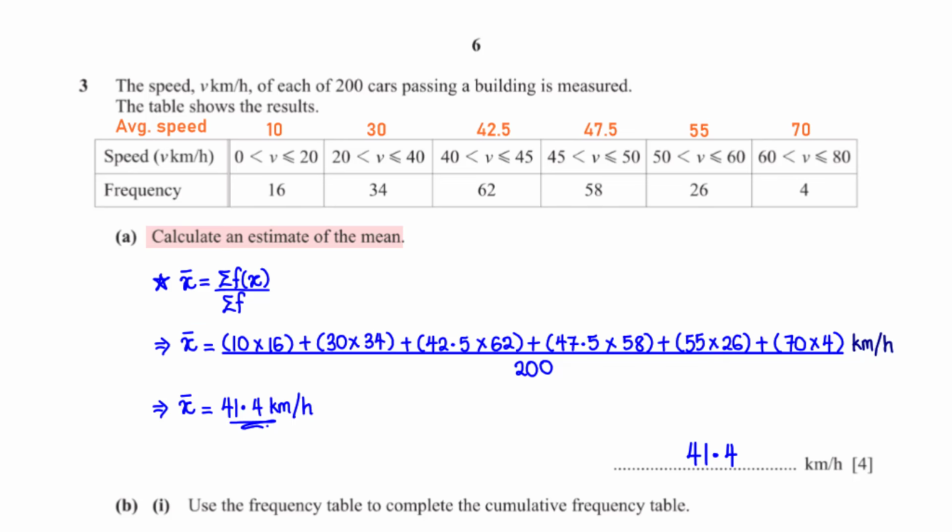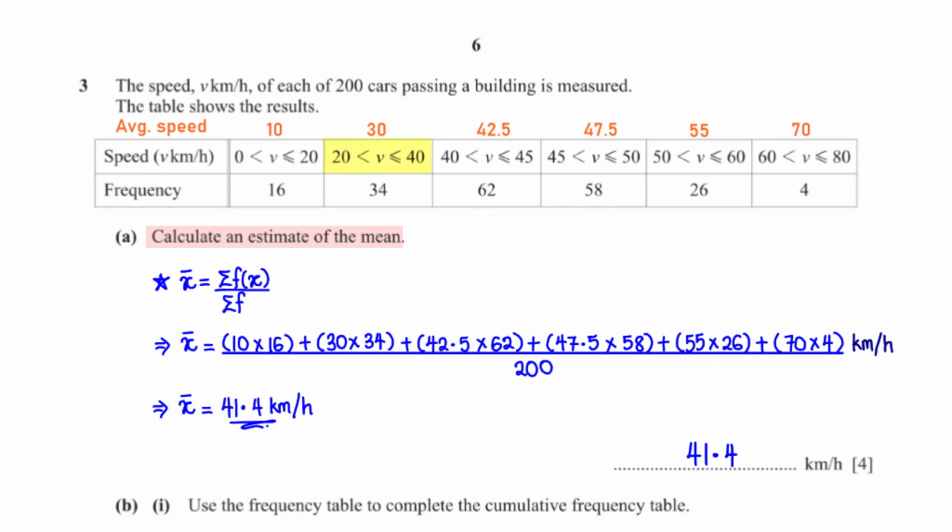To get sigma fx, we first need to calculate the average speed for each of the given speed intervals. So for the first interval, the average speed is 0 plus 20 divided by 2, which is 10.